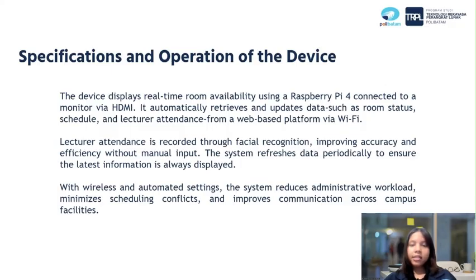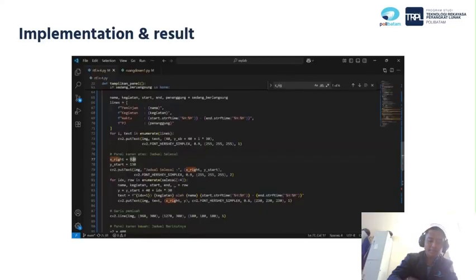Lecturer attendance is captured through facial recognition technology, enhancing the accuracy and efficiency of attendance tracking without the need for manual input. The system is programmed to refresh data periodically, ensuring that the information displayed is always current and reliable.